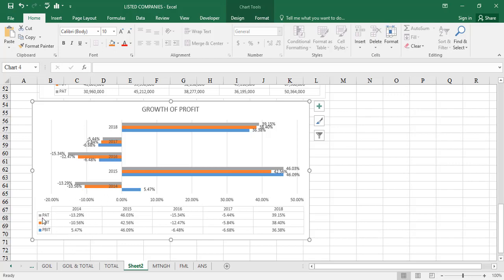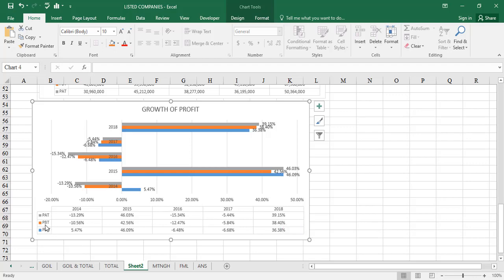Now if you look at the PAT, that is profit after tax for 2014 through to 2018, you realize that it has been on the increase, with 2016 and 2017 being the years that caused a lot of damage to the company, where profit after tax declined by 15.34% and 5.44% between the years 2016 and 2017, with 2018 profit after tax increasing by 39.15%.